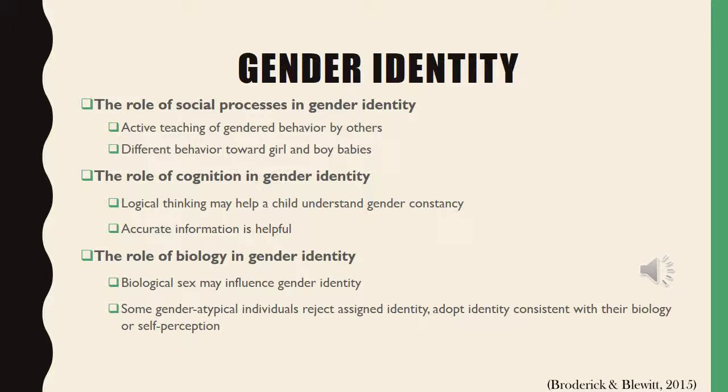A lot of times this is touching on some atypical biological development, or other areas of cognition or social processing, where a child simply doesn't identify with the gender role, the gender identity that friends, family, or others have assigned to them.